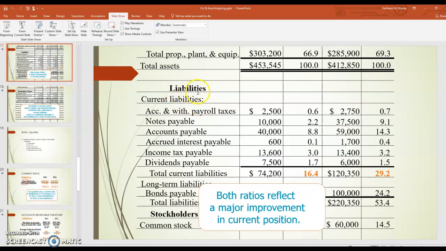Here we have our liabilities and our total current liabilities. These are all the things that are due within 1 year. 74,200 and 123.50.